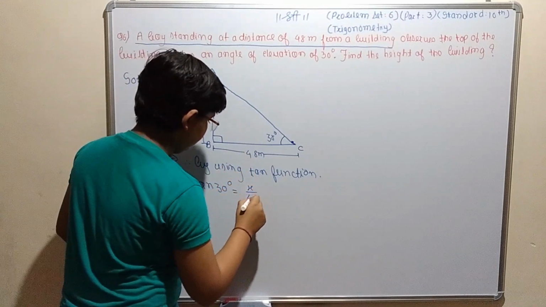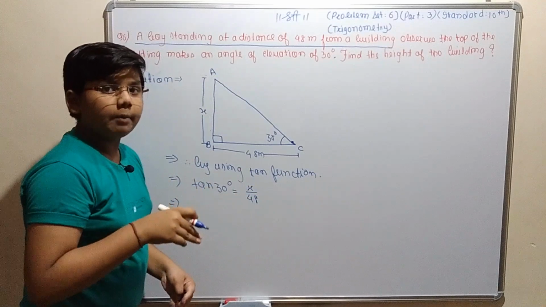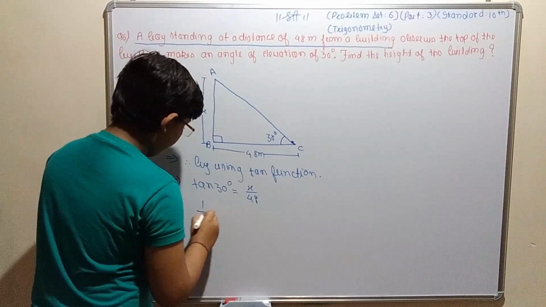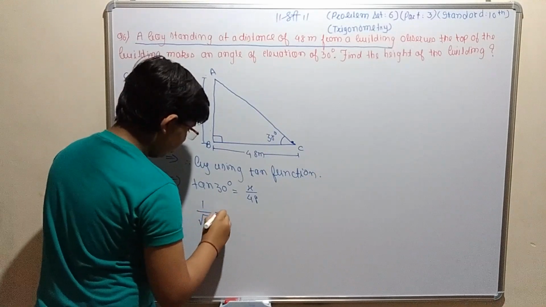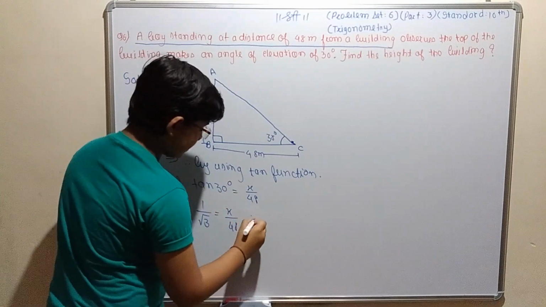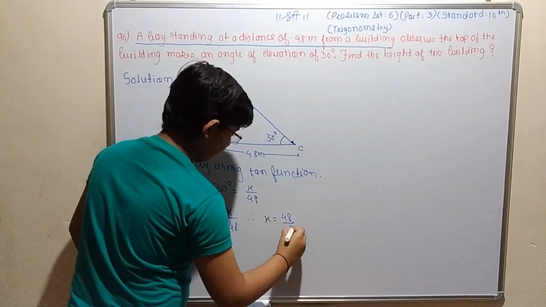Now what is tan 30 degrees? By the trigonometric table, tan 30 degrees is 1 by root 3. So 1 upon root 3 is equal to x by 48. So x is equal to 48 divided by root 3.